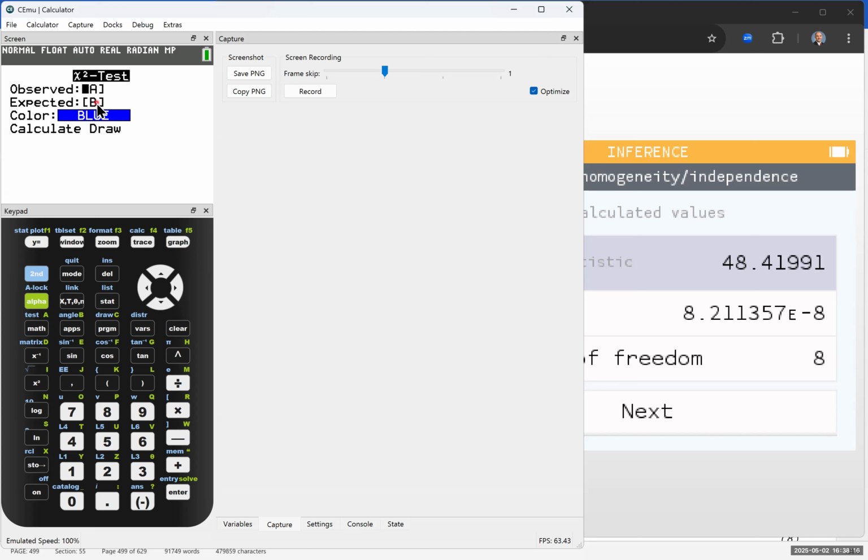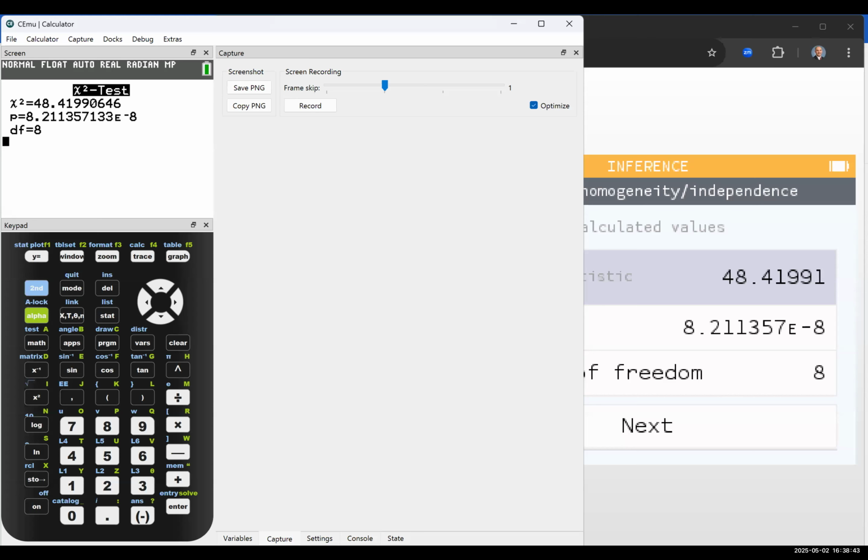Matrix B is going to be my matrix of expected values. They both have the same dimension. So I hit calculate. And 48.42 and 8.2 times 10 to the minus 8. So that's a decimal point with 7 zeros and then 8.2. That's a really small p-value.